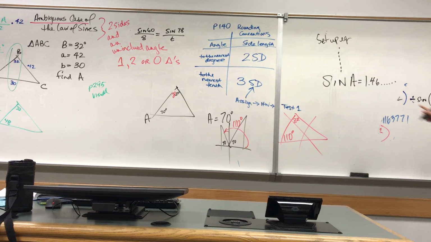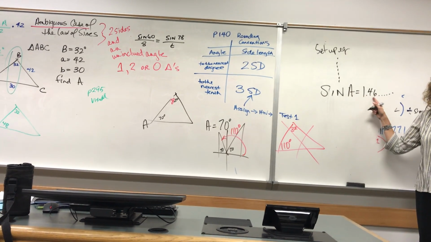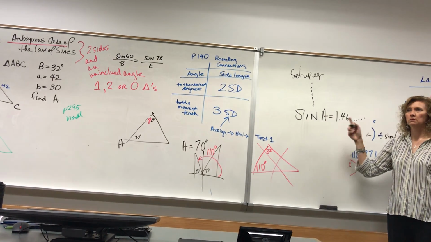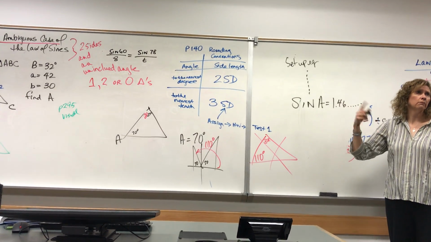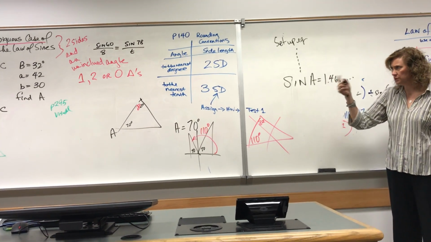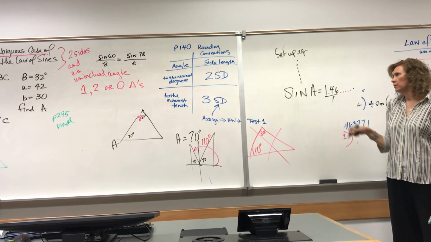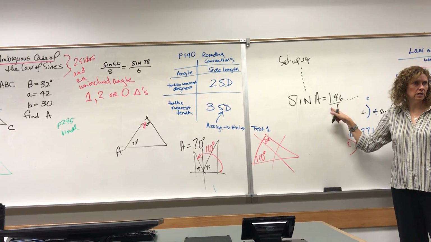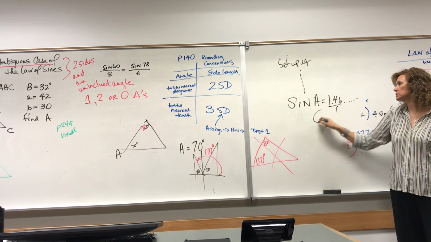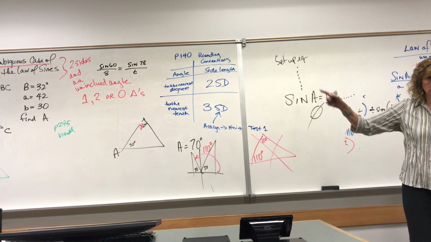Tell me about the sine ratio. It has to be between 1 and -1. Or for triangles, it's got to be between 0 and 1. Y over r is not happening. Sine ratio cannot be bigger than 1. So this has no solution. So actually create no triangle.